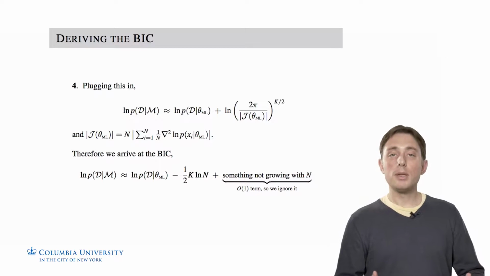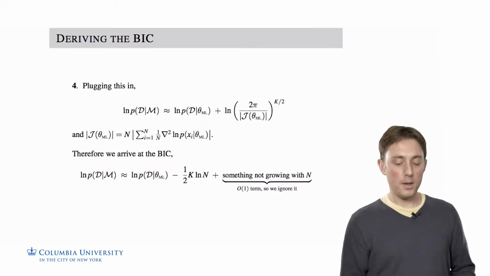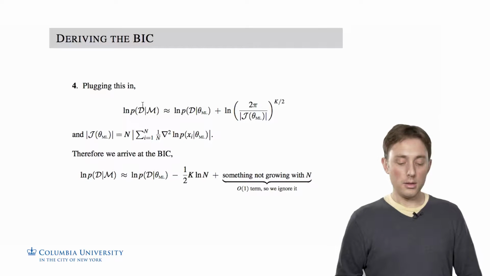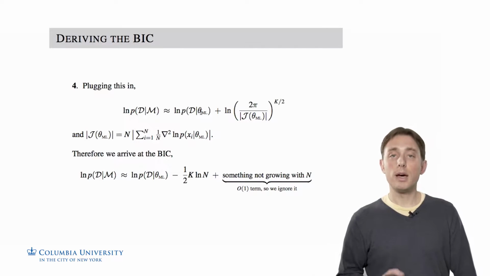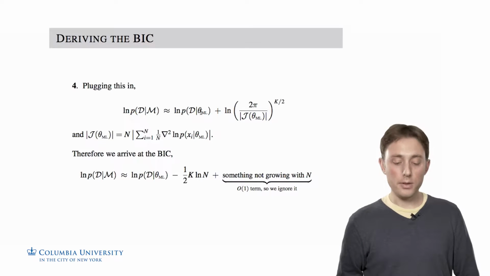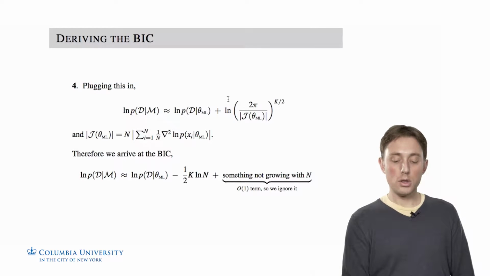So we can wrap this up now by simply plugging it all back in. We take the log of the marginal likelihood of the data given the model, and we approximate that as the log of the likelihood of the data evaluated at the maximum likelihood solution, plus, and here's where we had the integral, the log of the marginalizing constant of a multivariate Gaussian.